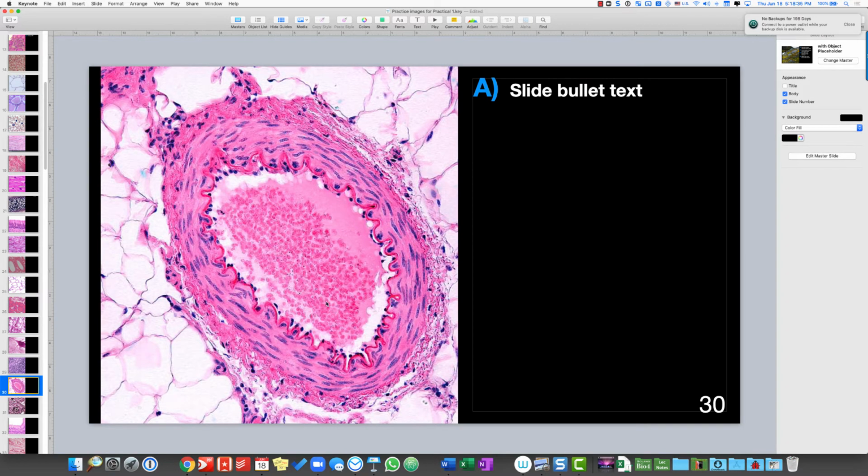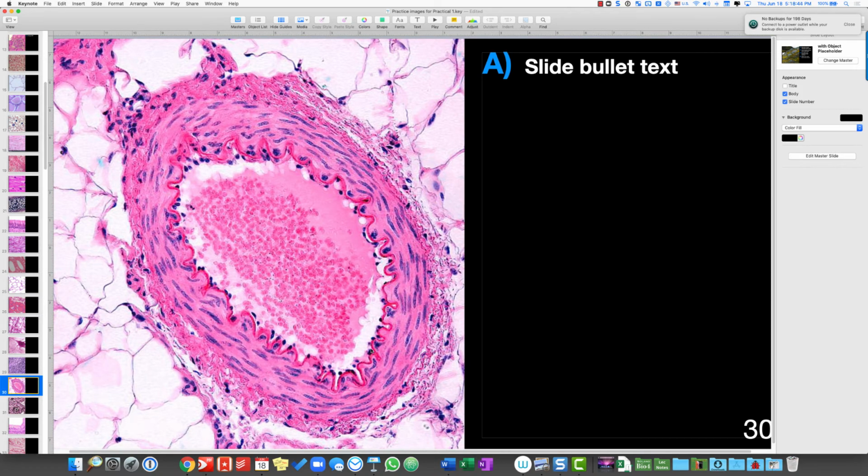This one is actually a muscular artery. It's a fairly thick artery. What I want to show you is, first of all, arteries and veins and all blood vessels, and also the heart, they all have an internal lining called the endothelium and endocardium respectively.